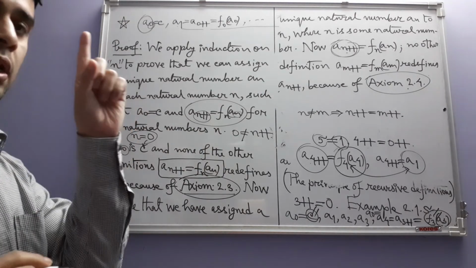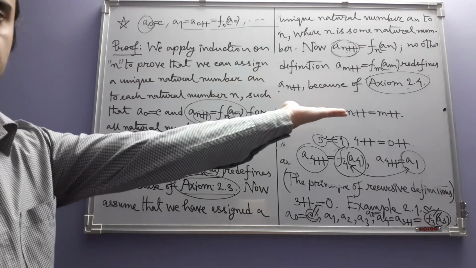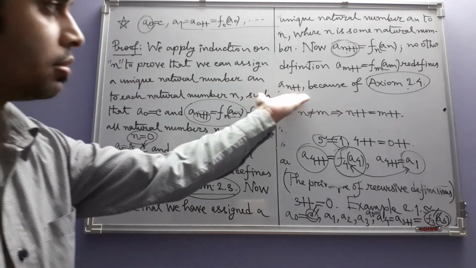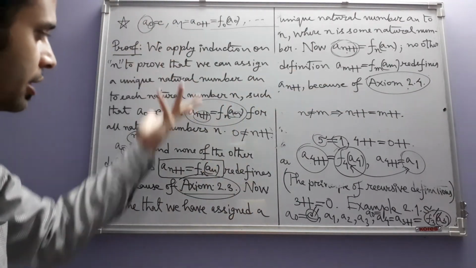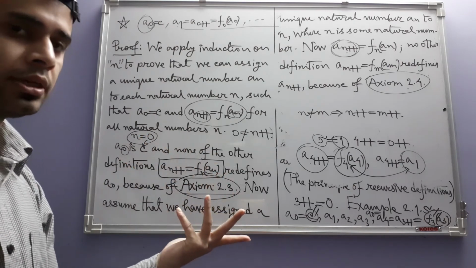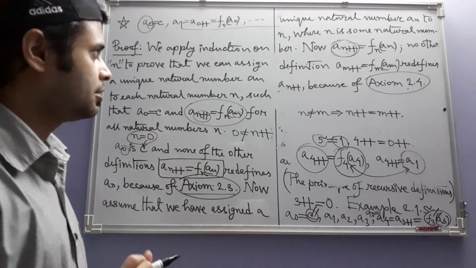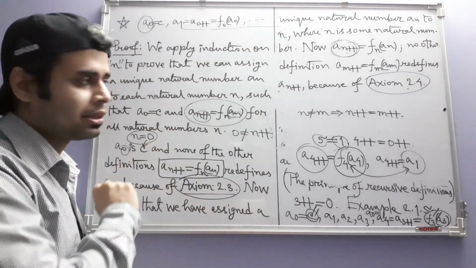Now we have only one more axiom to use, but that we will use in the last sentence, which is the axiom of induction itself, and that's what we are using. We are proving the thing by induction means we are using axiom 2.5. So you can see that to prove this, we actually need all the axioms.